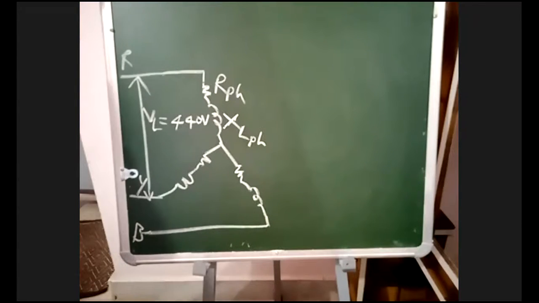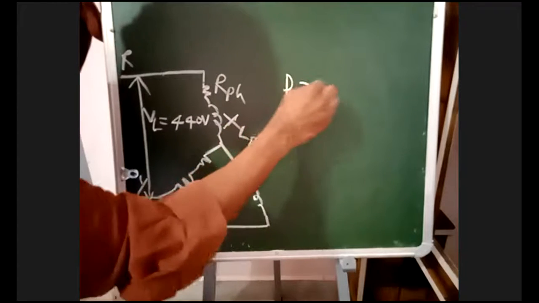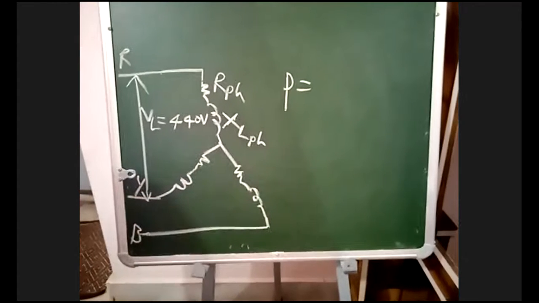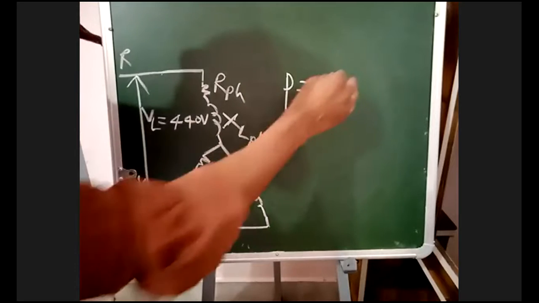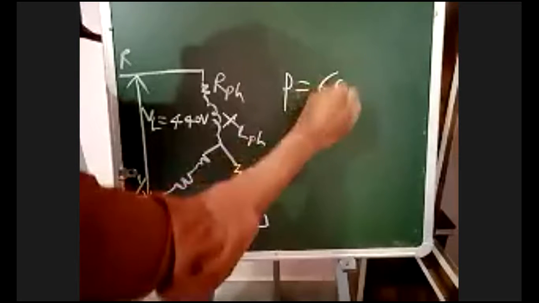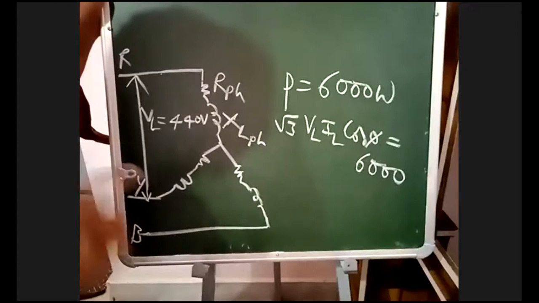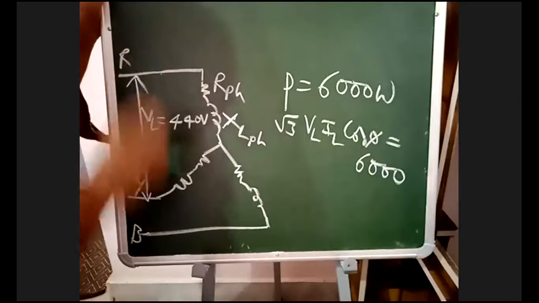And he is giving power. Power is equal to how much? 6 kilowatt. Then what is the current he is giving in the problem?